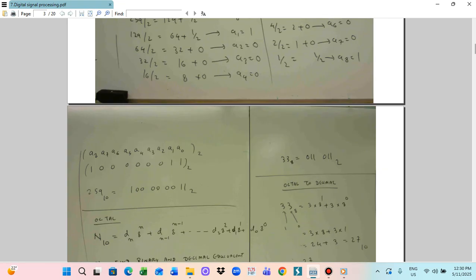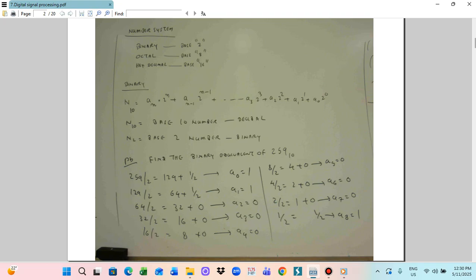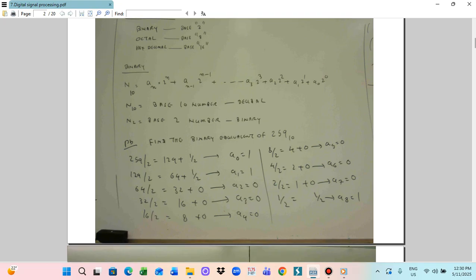Okay, so first we solve the problem here. Find the binary equivalent of 259 base 10. So we have to find the binary equivalent of 259 base 10.